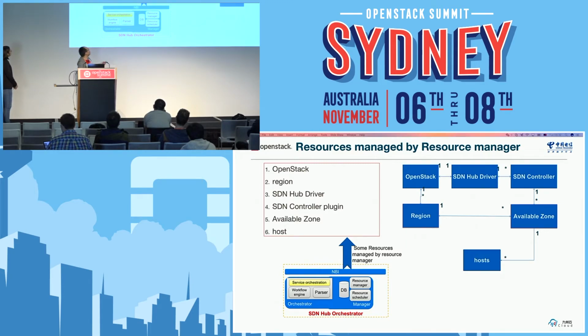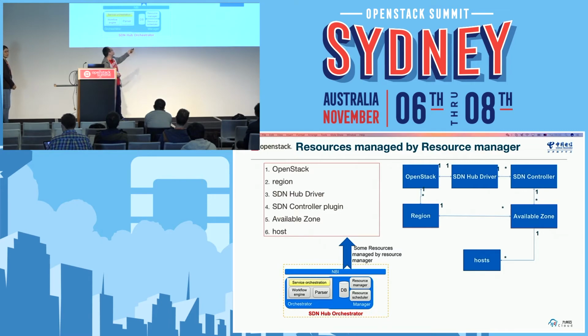So we have a model to describe the deployed OpenStacks. One OpenStack will have many regions. You know China, each province is very big too. And every region will have many availability zones. And on the availability zone, we have many hosts to do the virtualization.